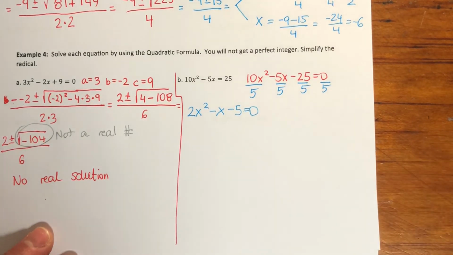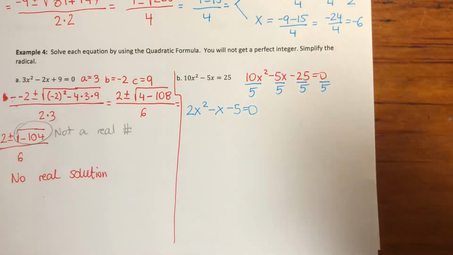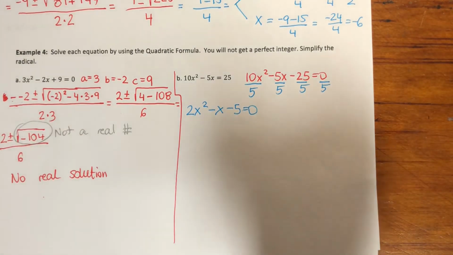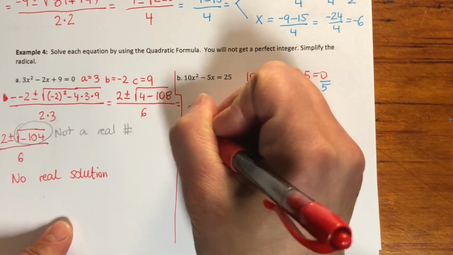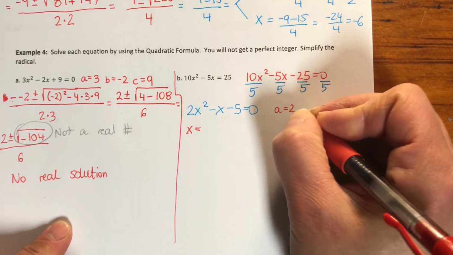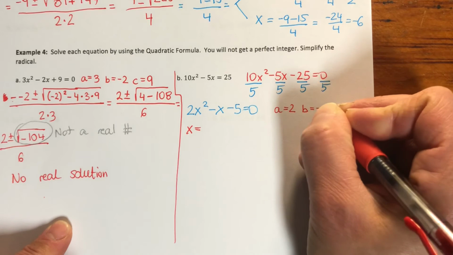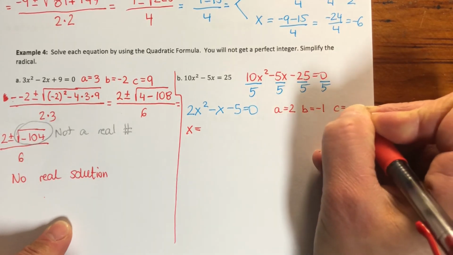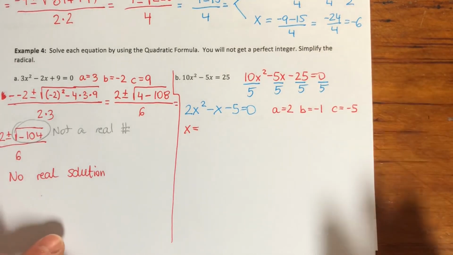And I am going to plug in my values into the quadratic formula. So let's see what happens. Negative b, well, I didn't list them. A is equal to 2. B is equal to negative 1, and C is equal to negative 5.